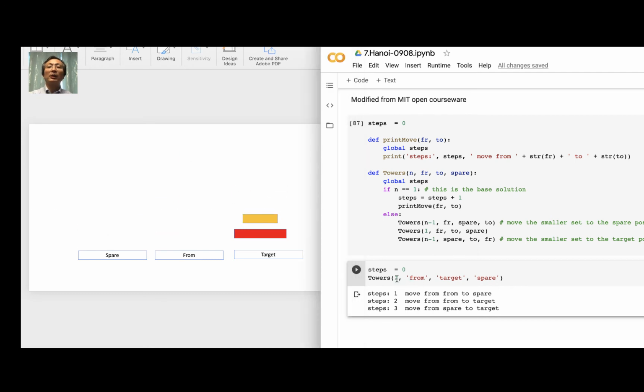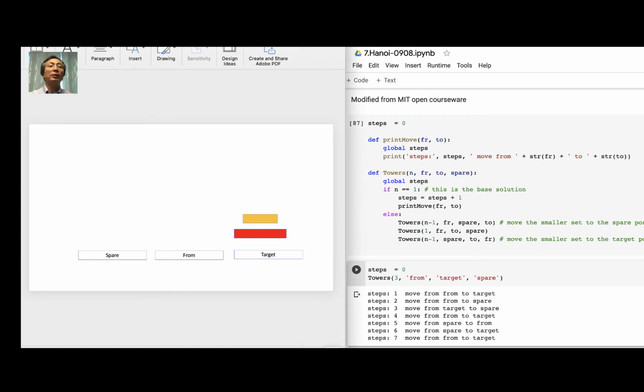Then if we have 3 disks, now we have 7 moves. Let's see. First, front to target. Second, front to spare.